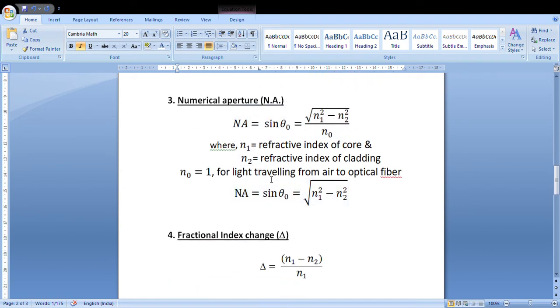Now you have already learned various types of optical fibers and you have seen how the refractive index is variable in several cases of optical fibers. You have single mode optical fiber, you have step index, you have multimode step index fibers. In single mode fiber, you have a rapid increment of refractive index.